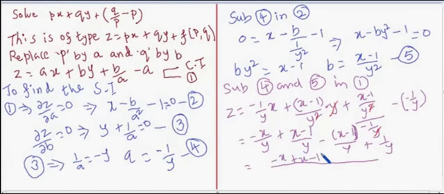The minus x and plus x get cancelled, the plus 1 and minus 1 get cancelled, so the remaining term is 1 minus x divided by y. Move this y to the left-hand side, so the final equation becomes zy equals 1 minus x. So this is the singular integral.